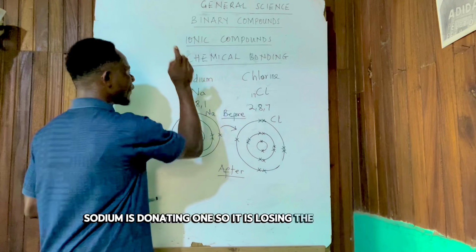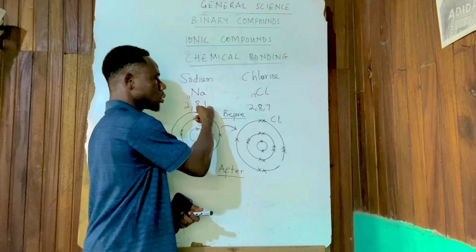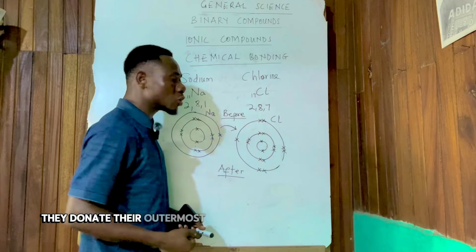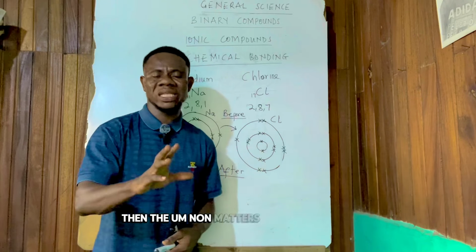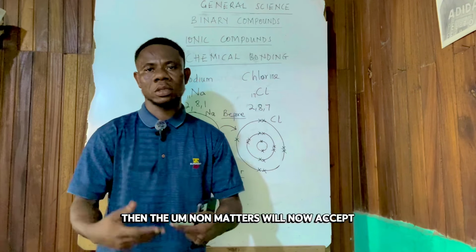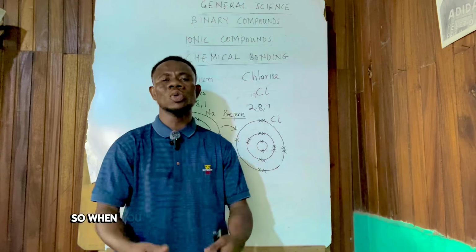That's why we said metals donate their electrons, their outermost electron, to form a positively charged ion known as a cation. Then the non-metals accept, and when you accept, you get a negative charge.